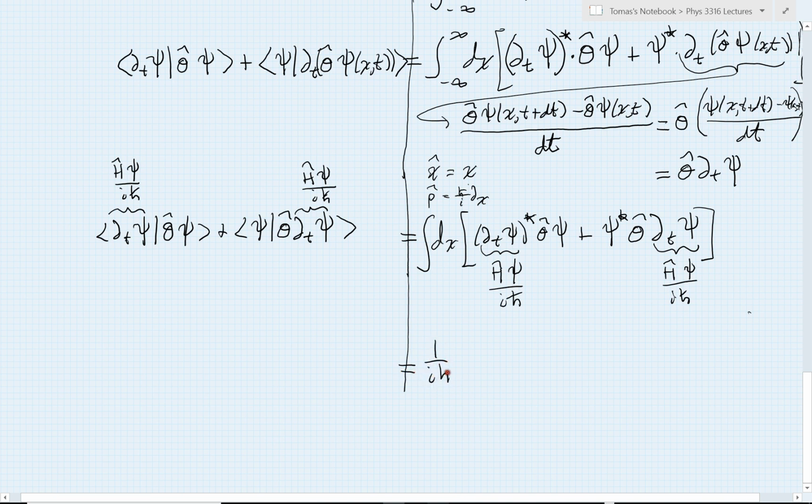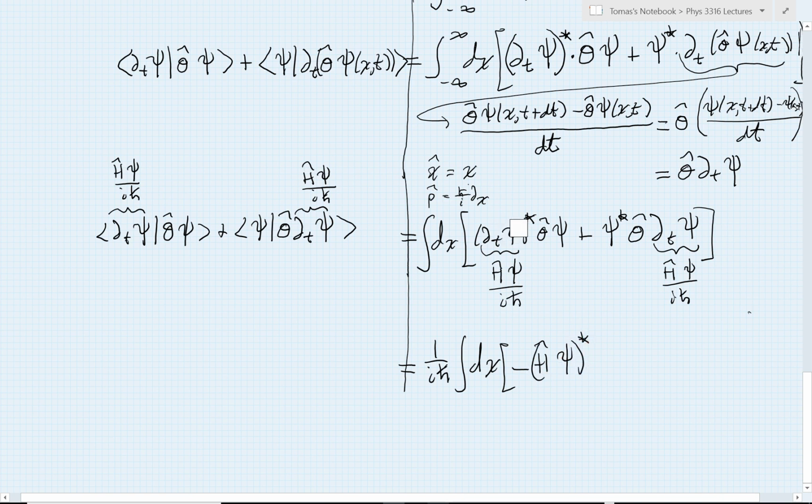Now the only tricky part in pulling that out, of course, is that when I do so, I want you to notice that in this term, because it's complex conjugated, that i term picks up a minus sign. So what I actually have here is minus, and what's left inside that bracket is H psi, right? And then that whole thing gets starred still.